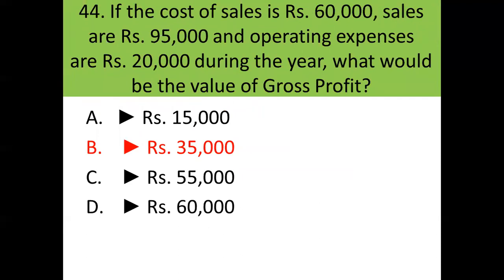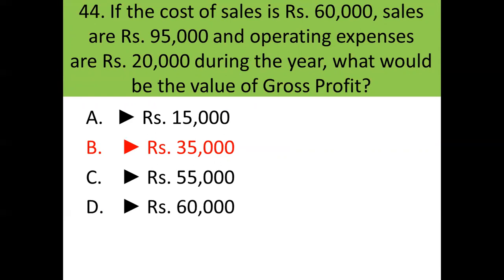If the cost of sales is 60,000, sales are 95,000, and operating expenses are 20,000 during the year, what would be the value of gross profit?